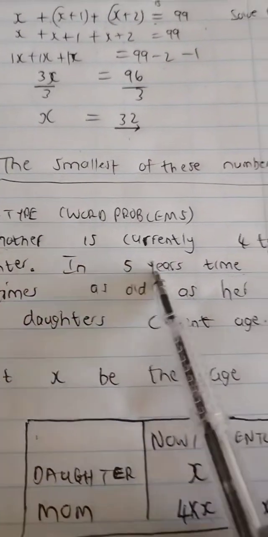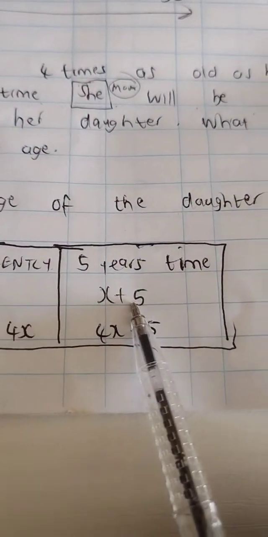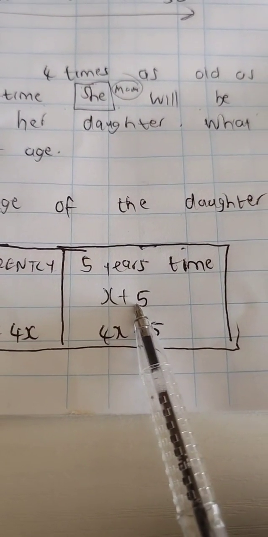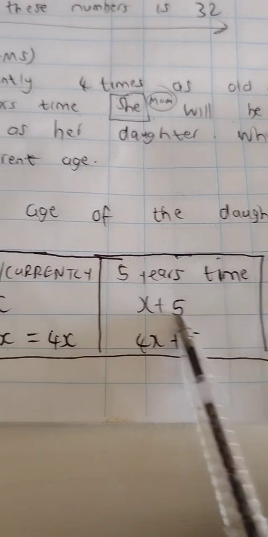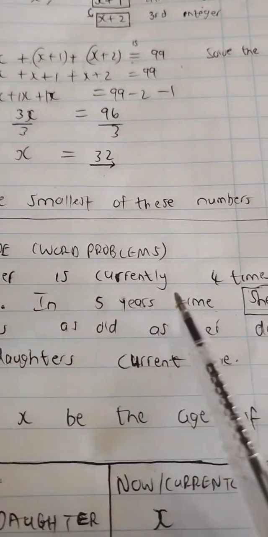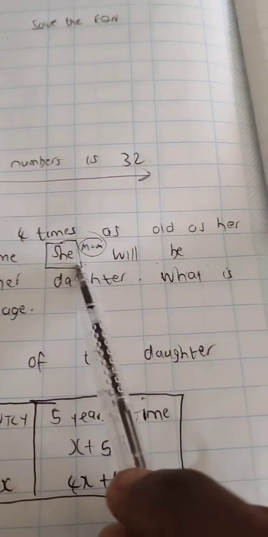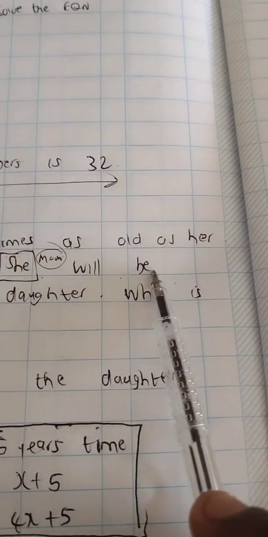But this is only going to happen when? In 5 years' time. So let's go to our expressions of in 5 years' time. Where is mommy's age? There it is. It's 4x plus 5. I'm going to take that 4x plus 5 and write it down because look at this. In 5 years' time, she, speaking of mommy, will be.